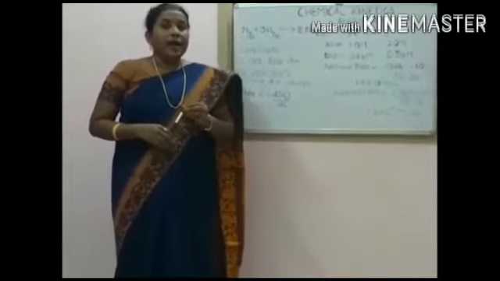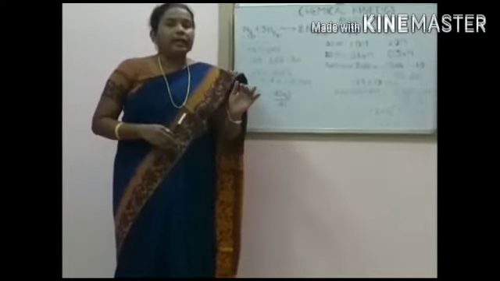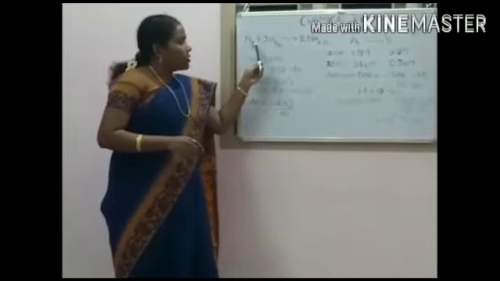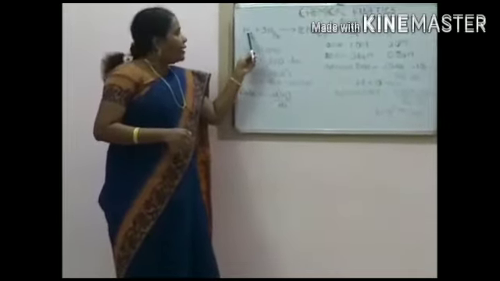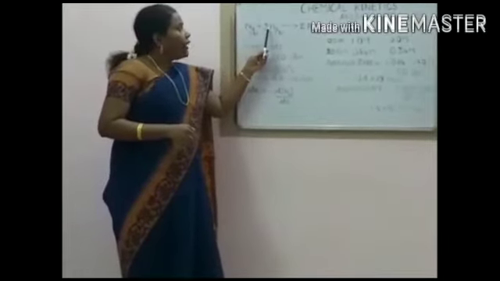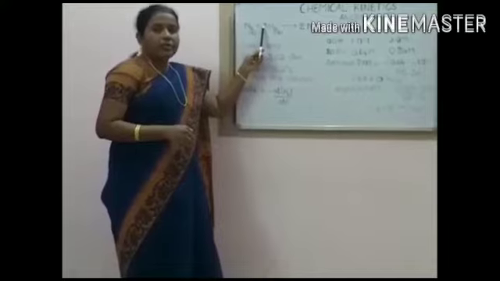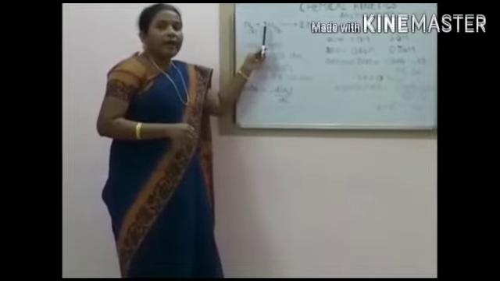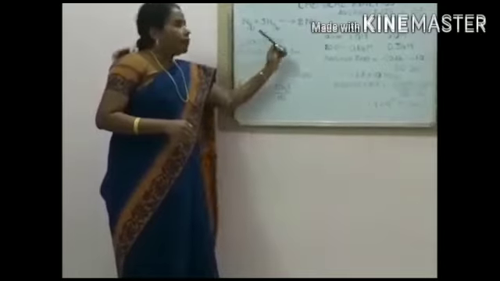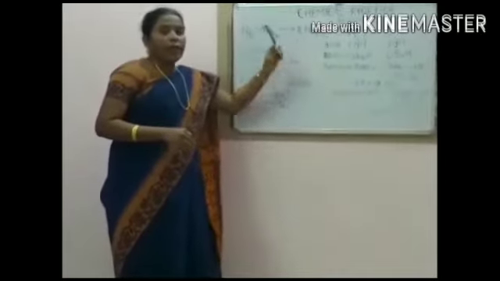Now let us see how to write rate of the reaction. Look at this reaction. One nitrogen gas molecule reacts with 3 hydrogen gas molecules over finely divided iron as a catalyst to produce 2 ammonia molecules.